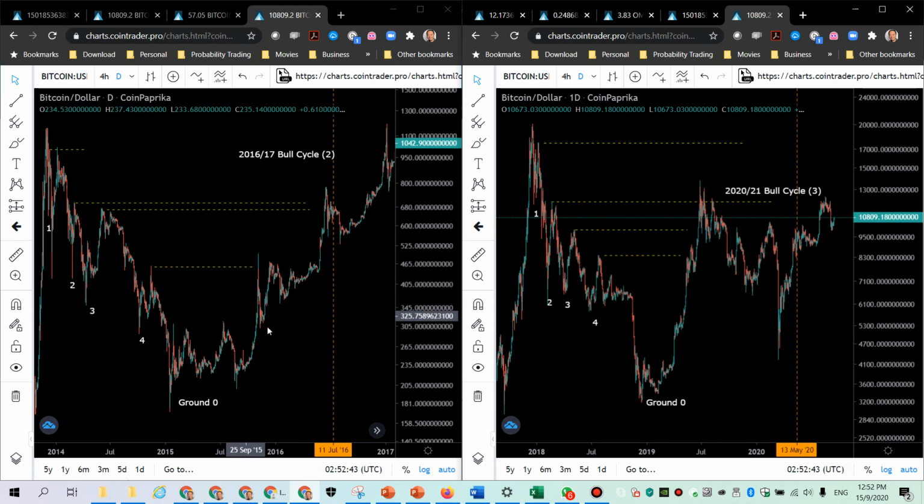If you notice that we have two of these fractals here that is hitting the resistance lines around here. Whereas there's only one huge cycle, it looks like it, right, that hits all these resistance lines in the middle. So as such, it's hard to assess where we are and where we are going.